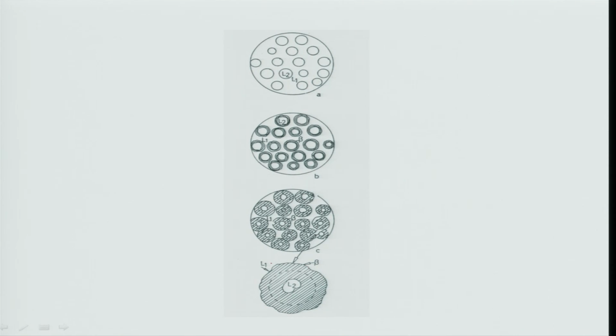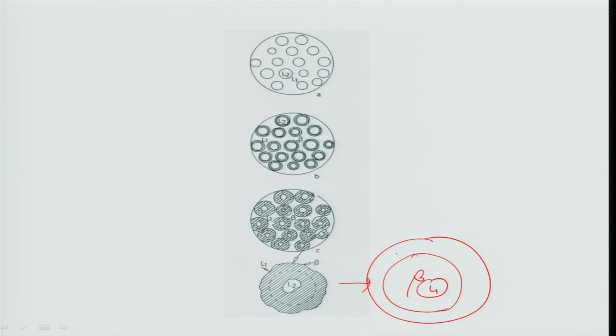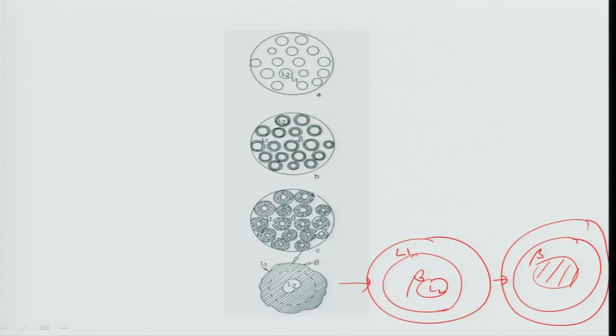So, L1 and L2 both remain, and finally you have the beta particle, and in the center you have L1, and outside of L1 you have L2, and then this L2 will undergo a eutectic reaction followed by beta, and then you have another eutectic reaction in L2.